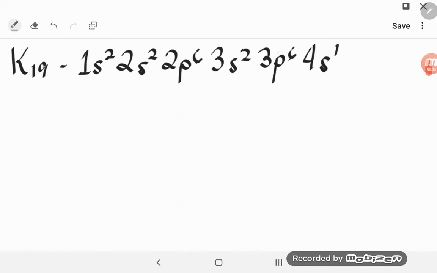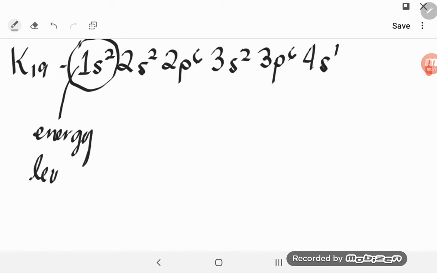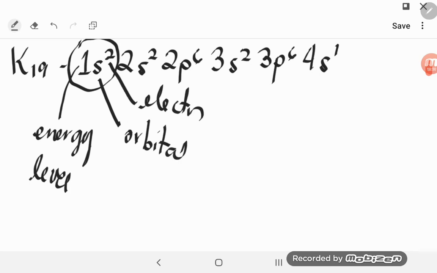So 10, 16, 17, 18, 19. As I was saying a while ago, these numbers have meaning. The 1 here means the energy level, the s is the orbital, while the 2 is the electrons. These are very important in order for you to know its atomic structure.